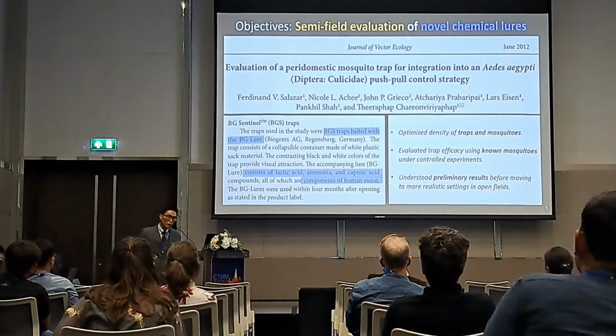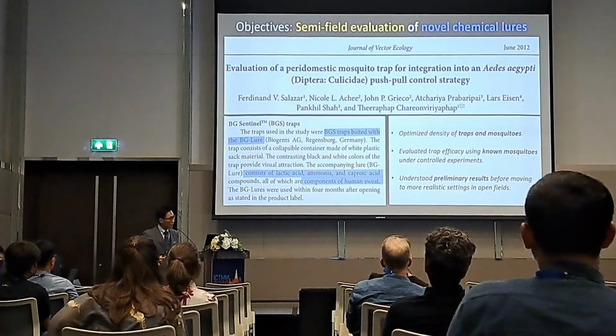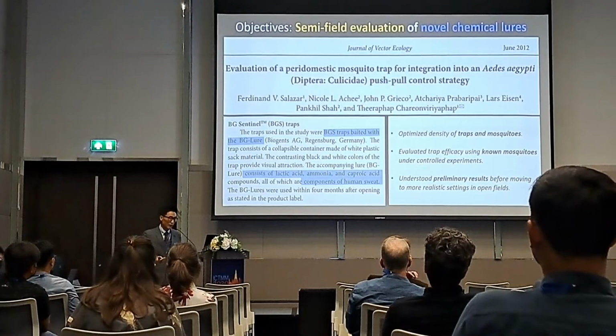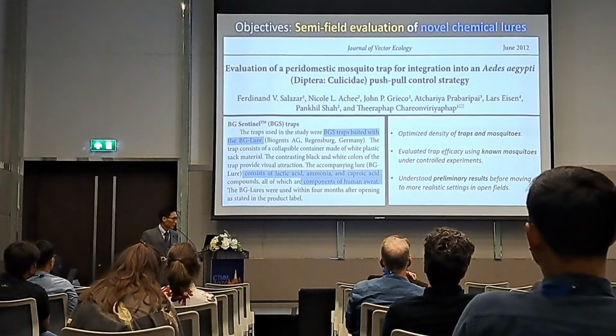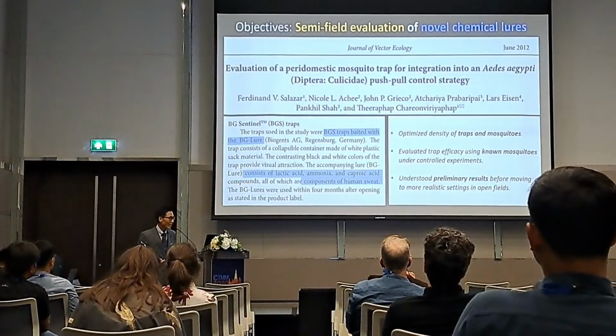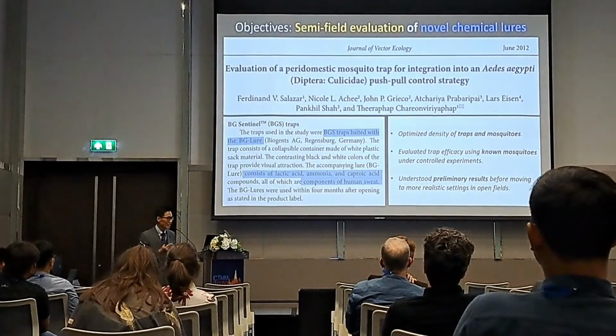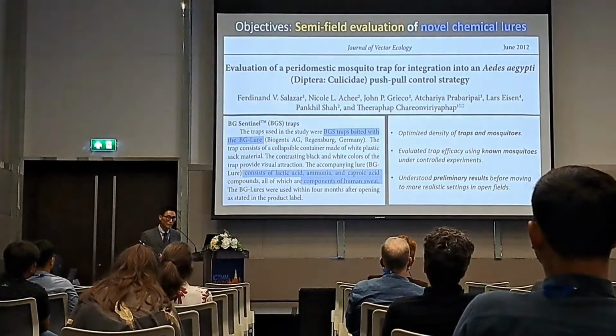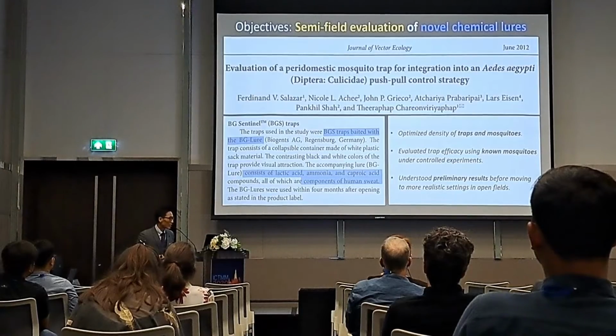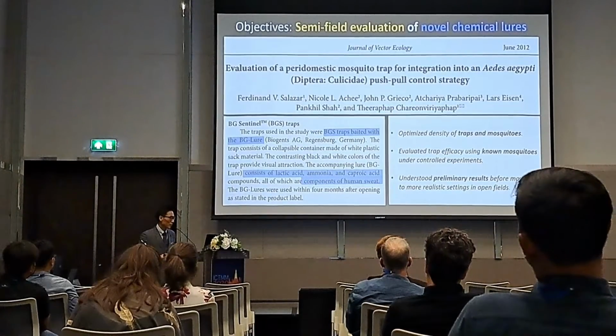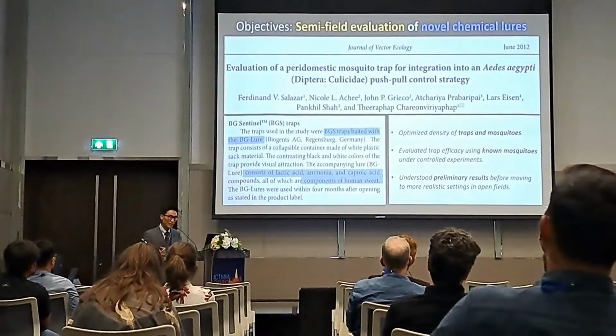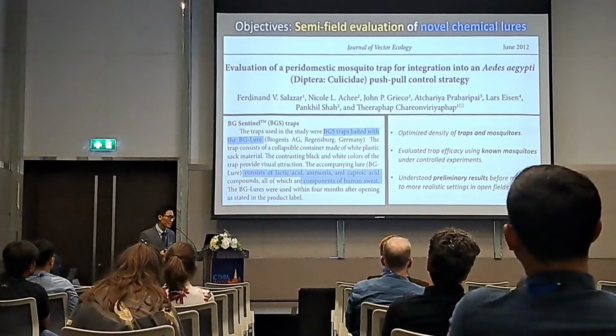Ten years ago, one of my seniors from the Philippines, Dr. Salazar, published one paper about Aedes aegypti using this semi-field greenhouse assay. From this paper he optimized the number of traps and the number of mosquitoes released inside.